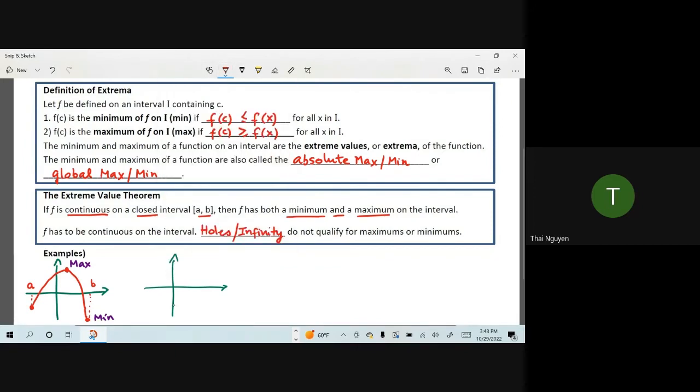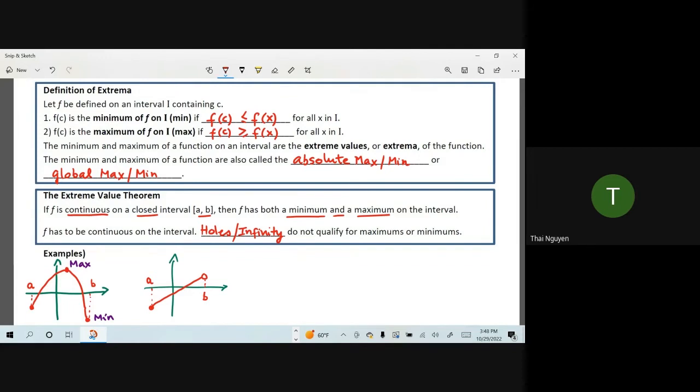Let's look at the second example. In this case, they have a hole, so it is not continuous on the closed interval. All right, so we have only the absolute min at x equals a, but at b we don't have a max. And remember, when they have a hole, you don't know the max.